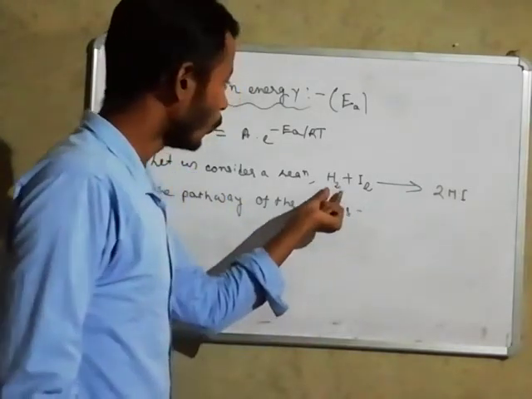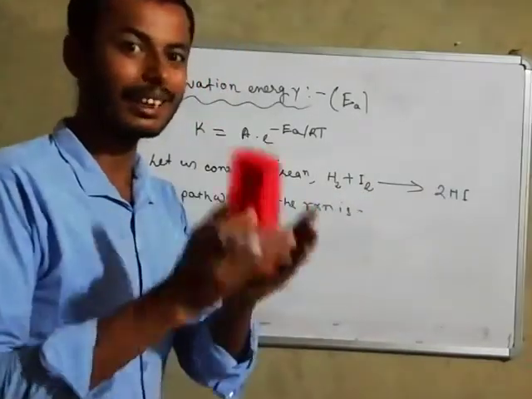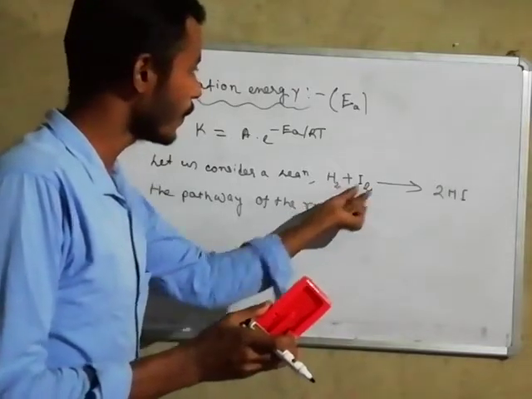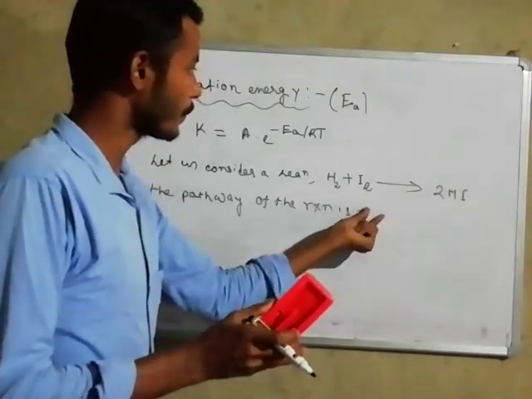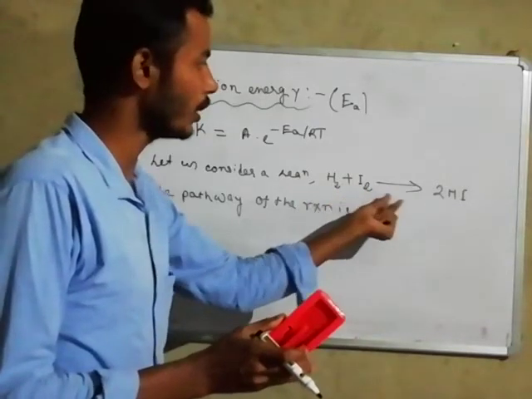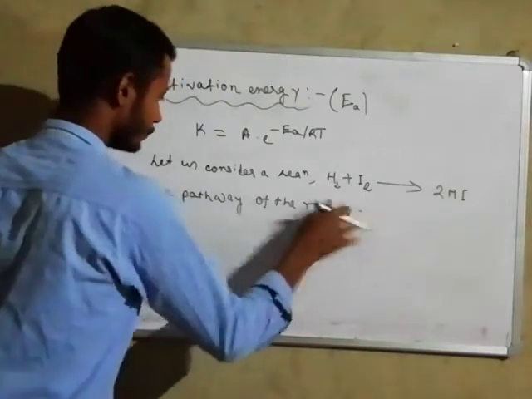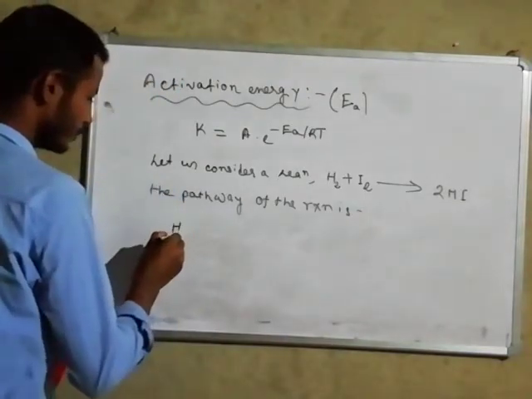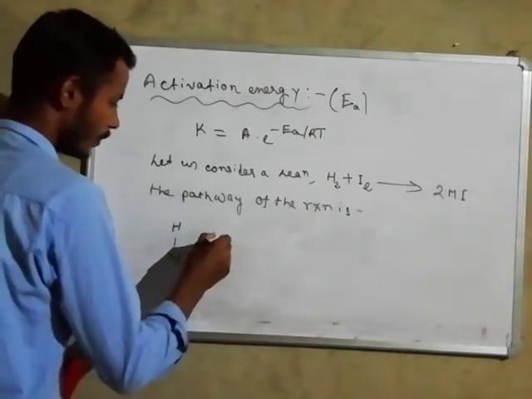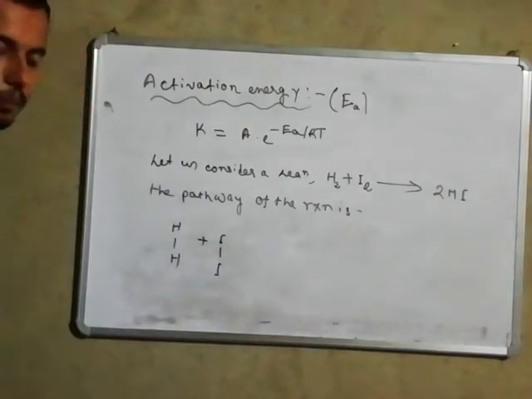So when hydrogen reacts with iodine, it first gives an intermediate. So here, this is hydrogen plus this is an iodine molecule.